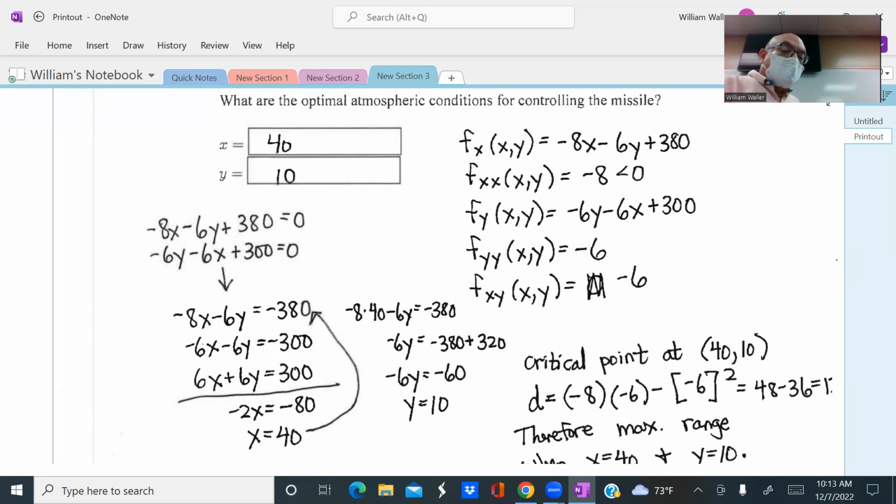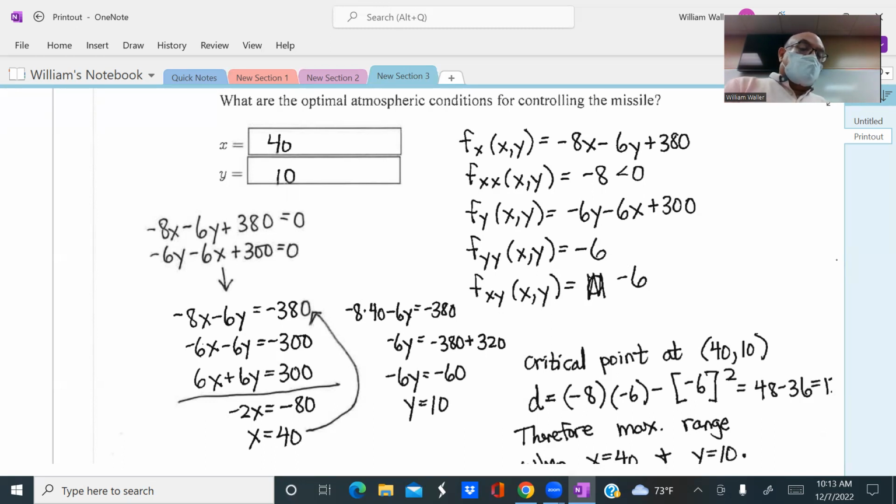And then I reordered the terms on the left-hand side, and then I multiplied the second equation by -1 on both sides, right? So that gave me plus 6x plus 6y equal 300, and then added this equation and this equation together. That's called the elimination method, if you remember solving systems of equations.